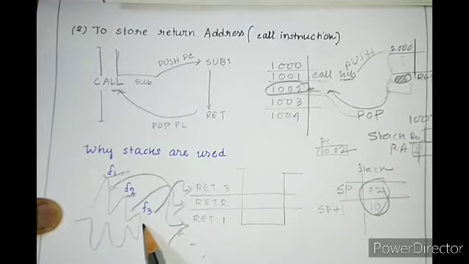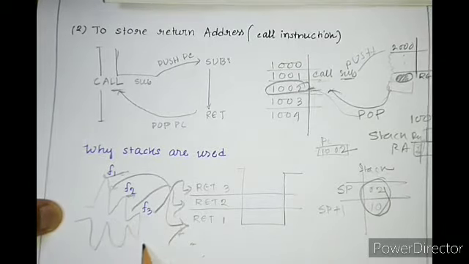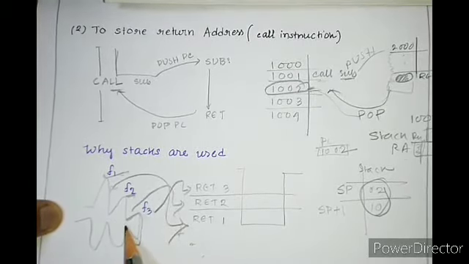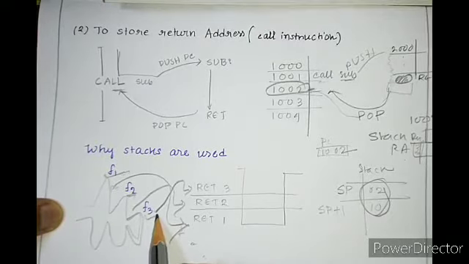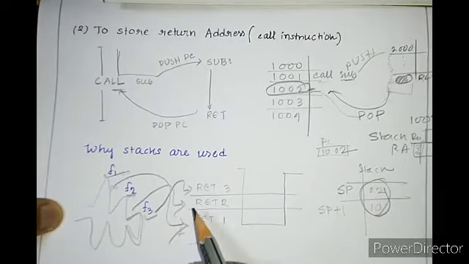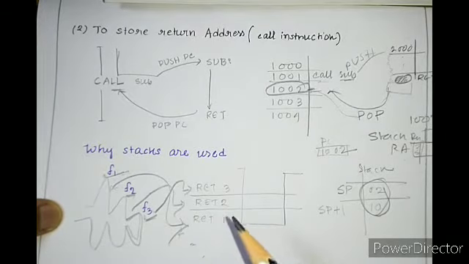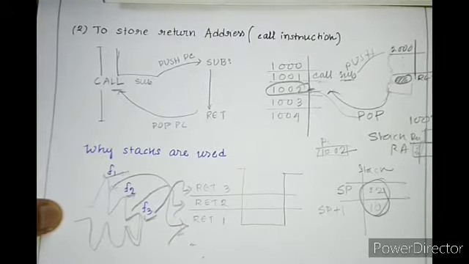Now when the functions get executed and we are returning, first we are returning from f3. So first I need the return address of function 3. Now stacks use the last in, first out method.